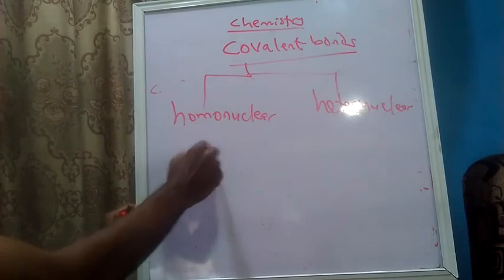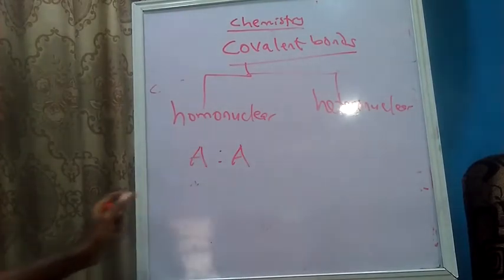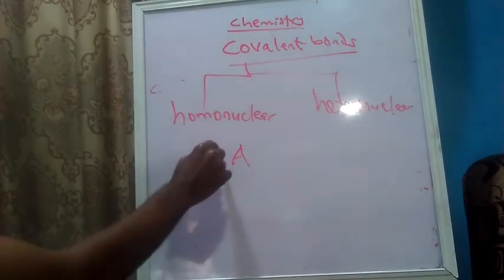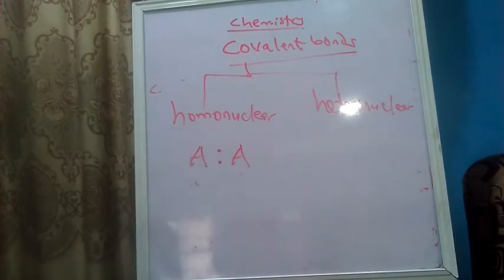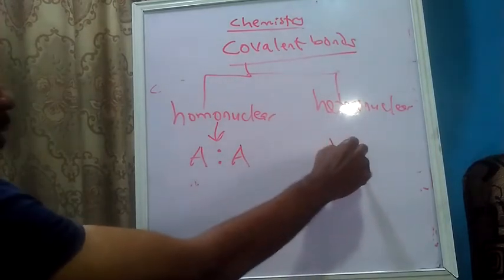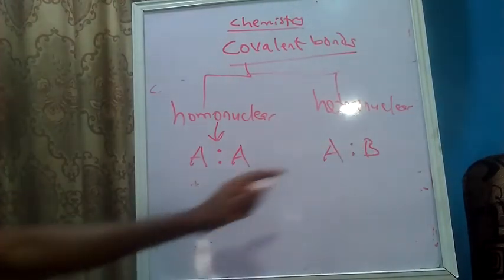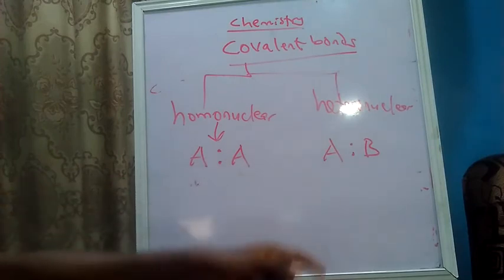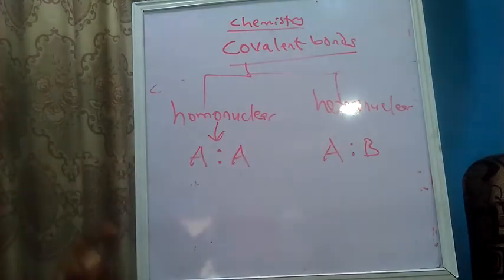Atom A and atom A held together by this pair of electrons will form what is called a homonuclear covalent bond. Whereas atom A and atom B held together by this pair of electrons forms what is called a heteronuclear covalent bond. Now, a bond itself usually exists as electrons.